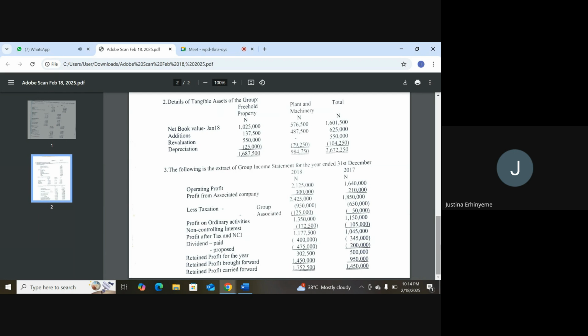Nothing's related to dividends now. Okay. So now let's see, we say from associates.